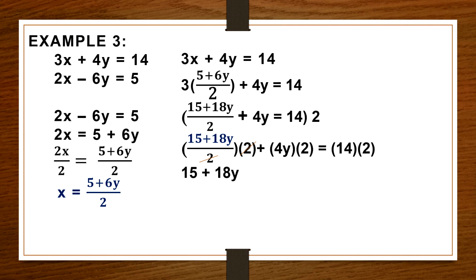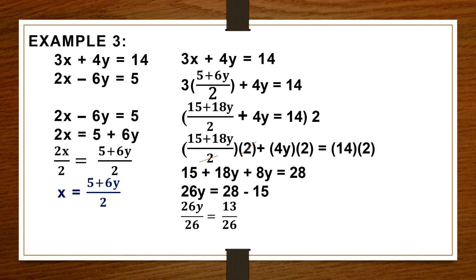Multiply 4y and 2: 8y. 14 times 2 is 28. The next step is to combine 18y and 8y: 18y plus 8y is 26y. Next, transpose positive 15, so it will become negative 15. Then combine 28 and negative 15: 28 minus 15 is 13. Next, divide both sides by 26.